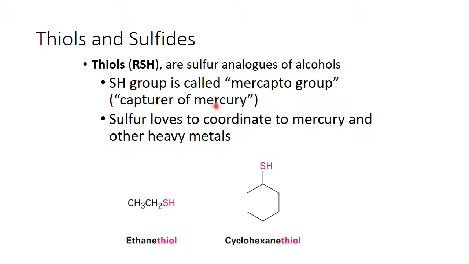Mercapto actually means capture of mercury, and that is because the big soft sulfur atom loves to coordinate with mercury and other heavy metals that like to pull electrons onto themselves when they're positively charged. And because the atoms are big, and they have a very flexible way to have electrons around them, the sulfur can mush in there on those atoms, and they're very much attracted to each other.